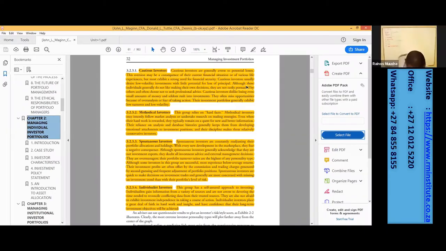Yeah, they don't necessarily say that they are conservative, but if you look at the information, they have confidence that their long-term investment objectives are going to be achieved. Which basically means that they are not averse to devoting their time to reconciling the conflicting data from their trusted sources as well.